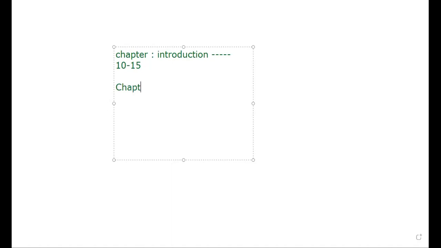Next, chapter 2 is the review of literature. Review of literature means whatever books and journals are related to your study, you have to review them.